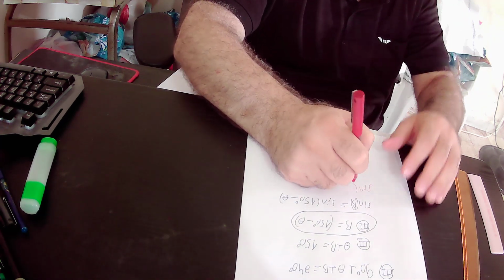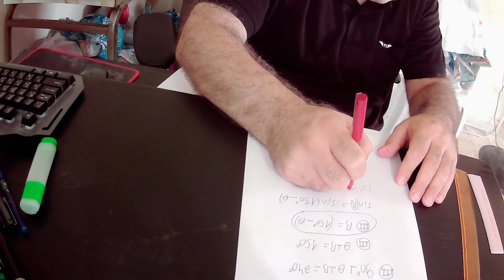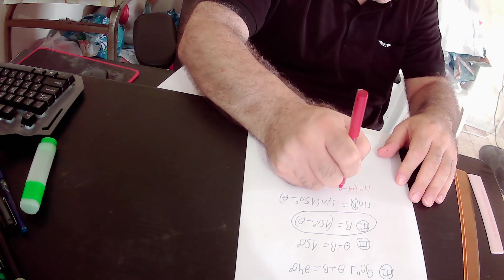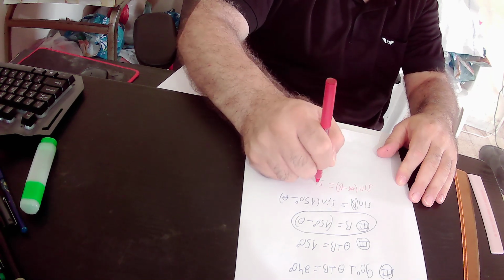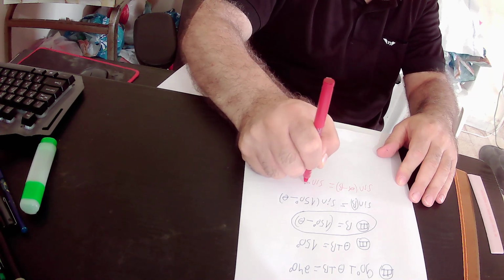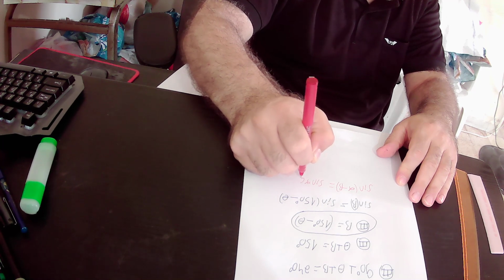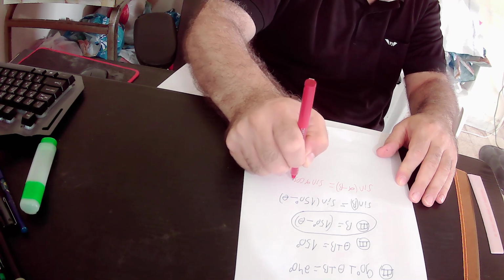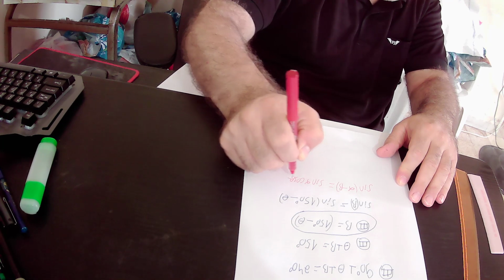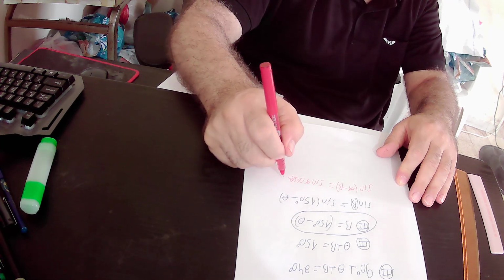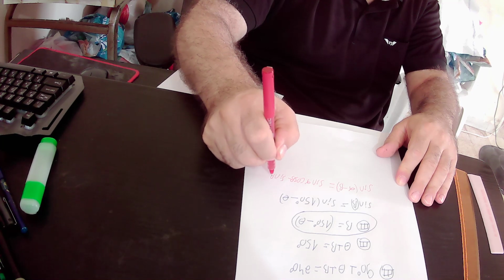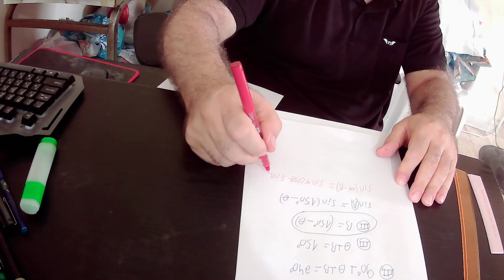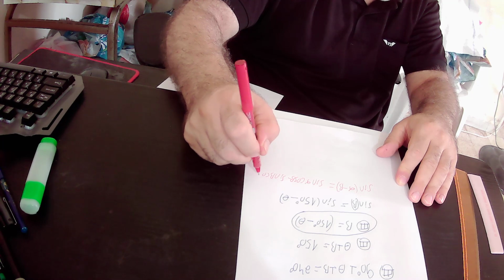sine of alpha minus beta equals sine alpha times cosine beta minus sine beta times cosine alpha.